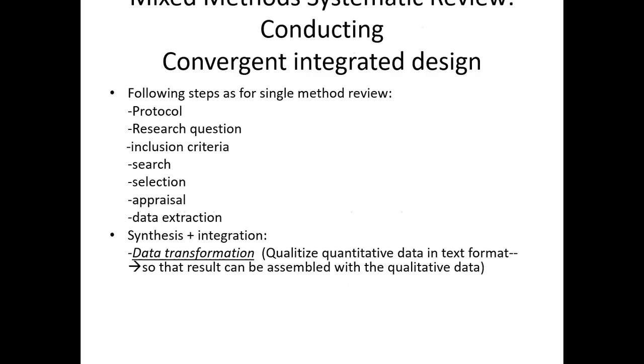But when you reach the synthesis, it's the time that you should also do the integration of the qualitative and the quantitative data. So qualitize quantitative data in text format so that results can be assembled with the qualitative data.